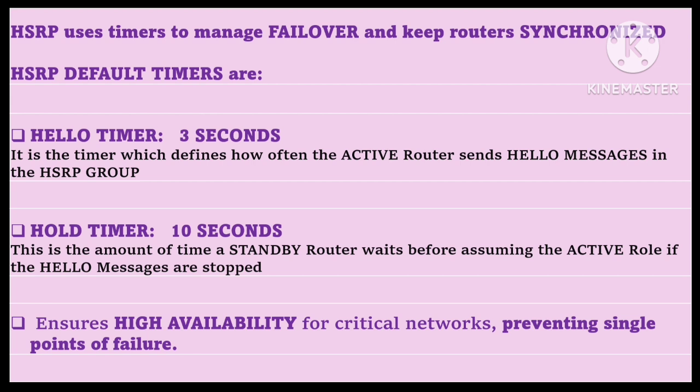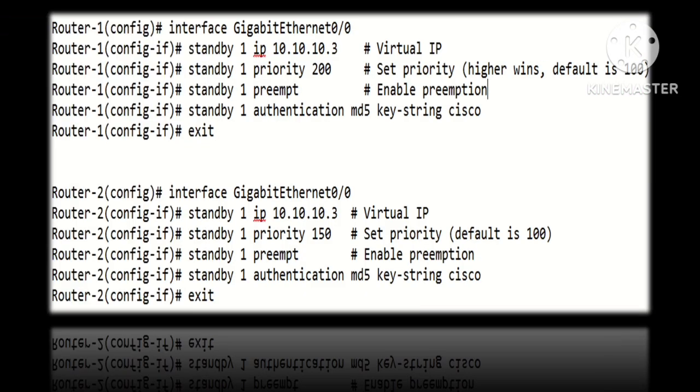Hello timer is 3 seconds, hold timer is 10 seconds. These are default values, but they can be configured as per your network requirement. And by configuring these timers, we will be able to manage the failovers, as I said.